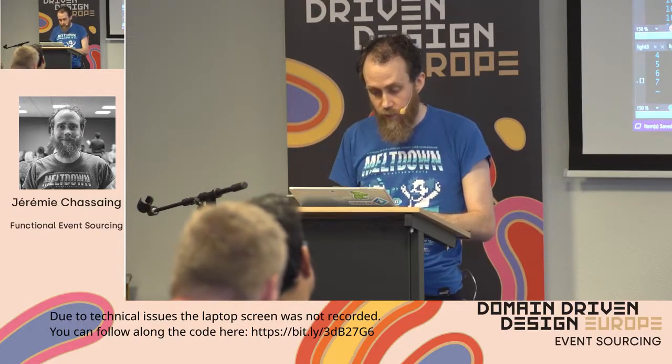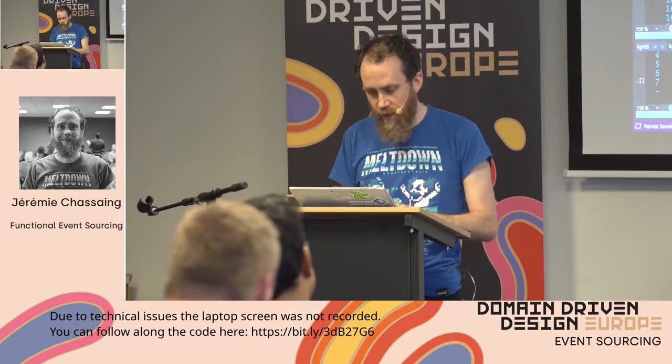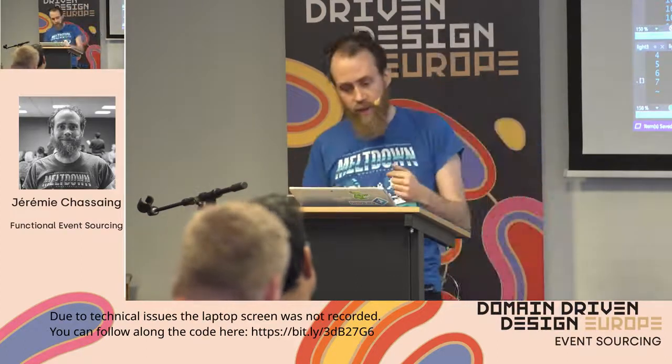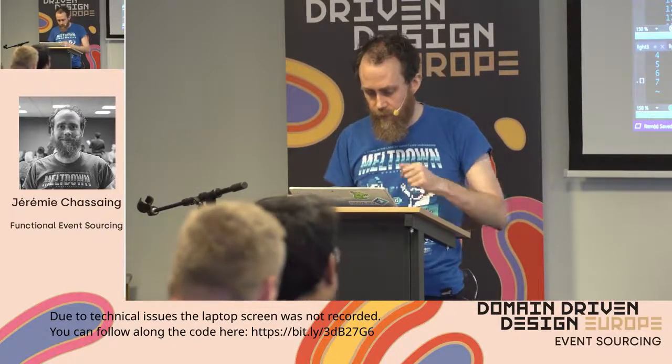This is just throwing an exception, wrong expected version, which means that something else happened somewhere else and you're not ready for that yet. So we'll do this here, but I will explain it to you.